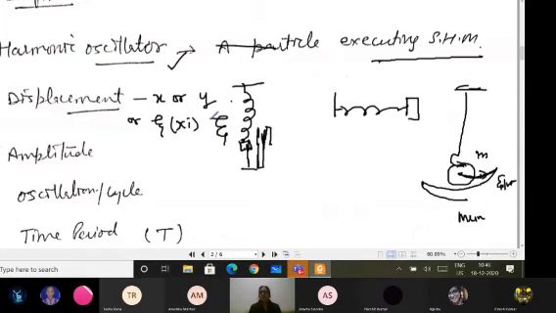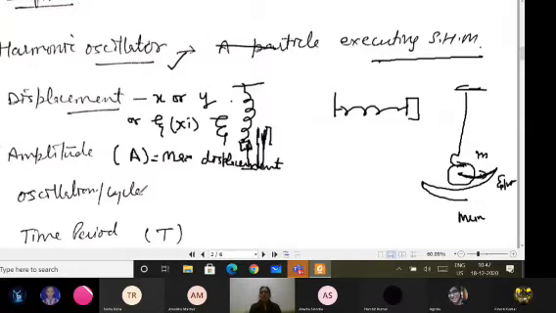That is also a symbol for the displacement: at any instant of time, the position of the particle from the mean position, that difference gives you the displacement. Amplitude I may write as capital A, which is equal to the maximum displacement.